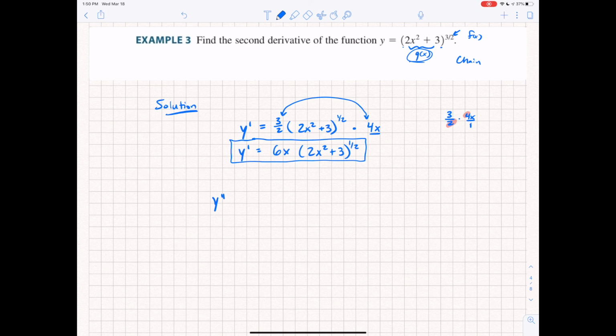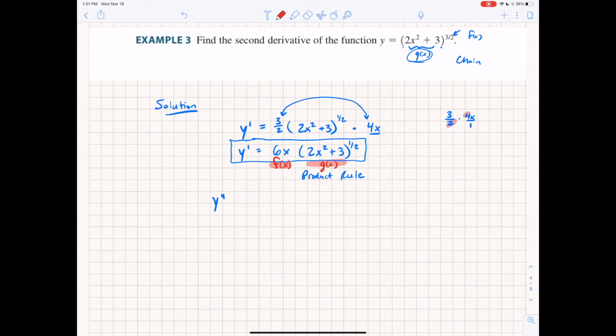And again, looking at this big picture, notice that essentially we have one function times another function. And overall then, I have to do product rule first. And so I guess what I'll do is I'm going to call 6x my f, and this 2x squared plus 3 will be my g.